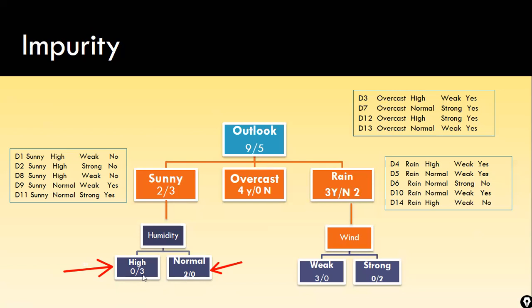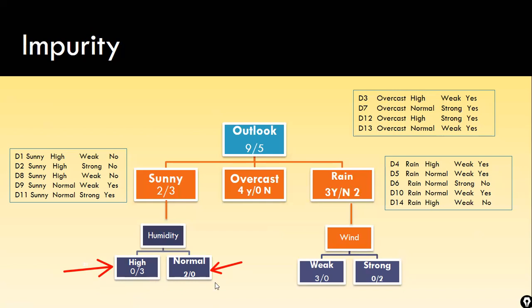Same thing here. In this subset, only no is there. Here, only yes is there. You don't have a mix of yes or no. You all agree with me or not? In this case, we have 4 yes and did not have any no. Hence, it became a pure node. It doesn't require any further split.